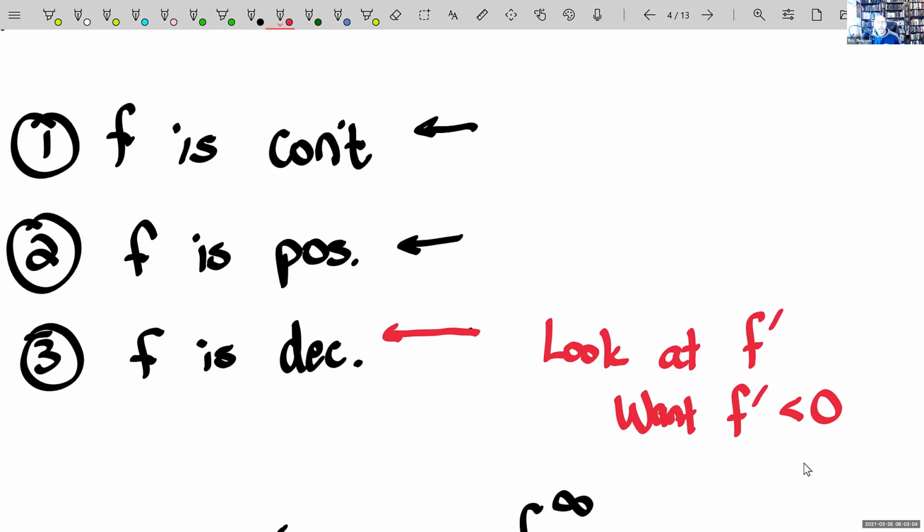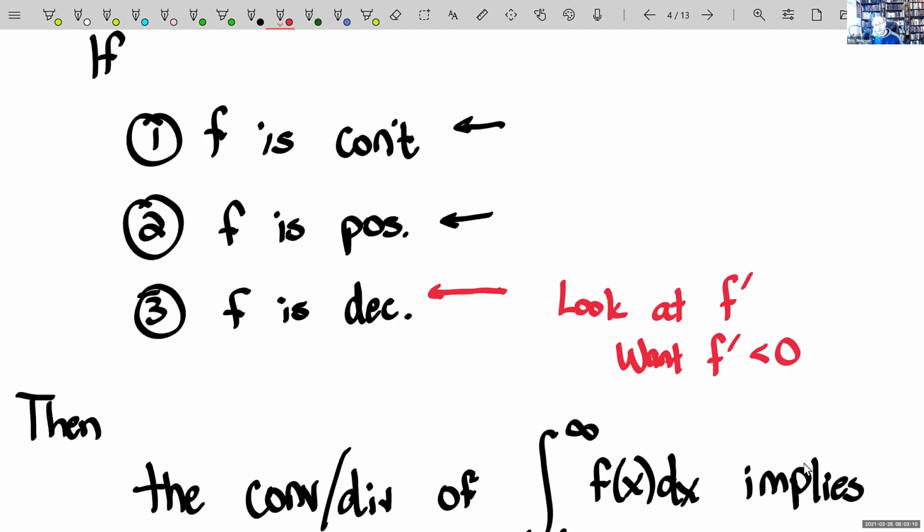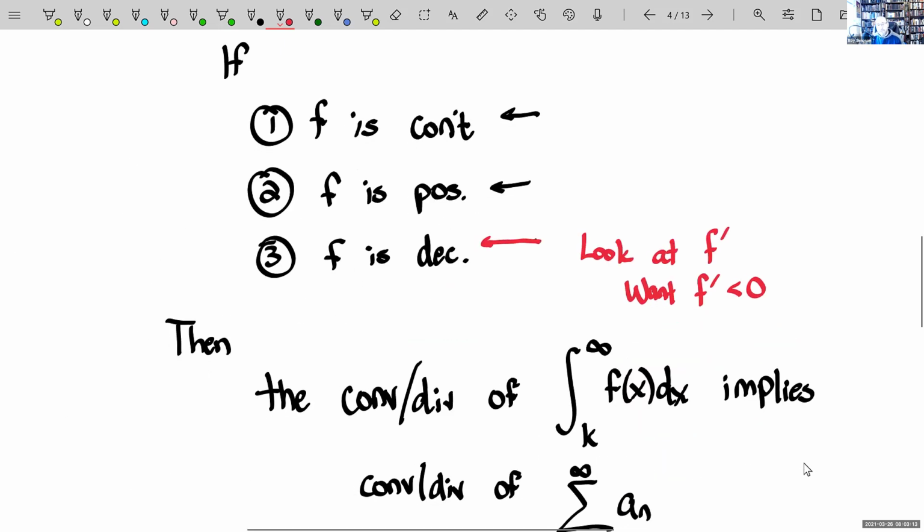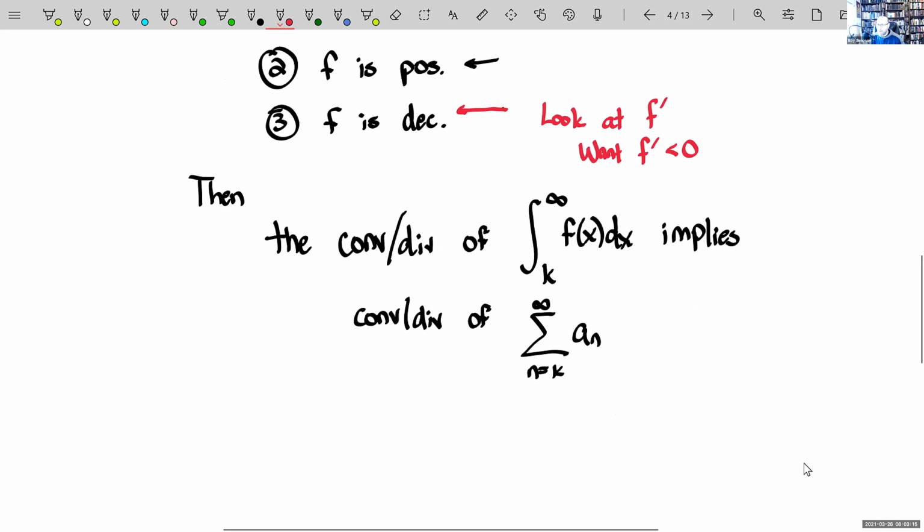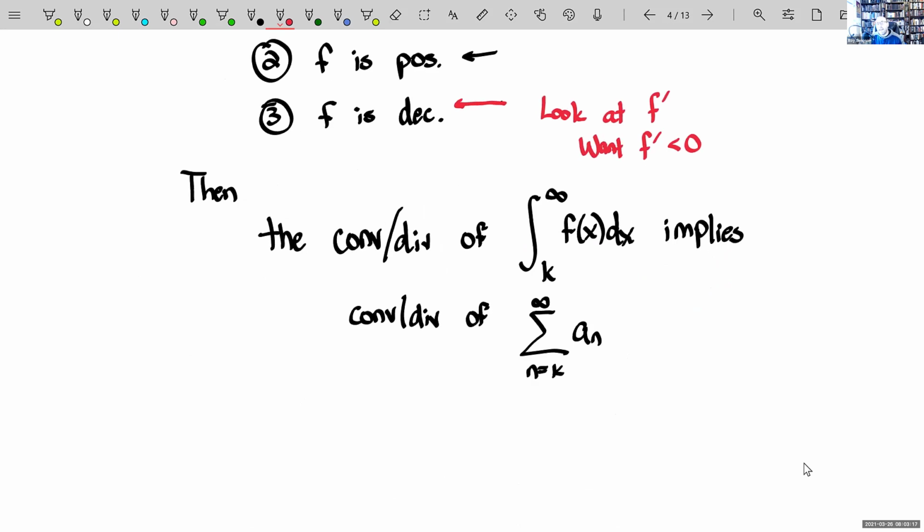Just take a derivative and show that that derivative is negative. But once you have those three conditions met, check, check, check, then integrate using the improper integral. And if you find that that integral converges, then the related series will converge. So really, really beautiful method. It's not a method I prefer, but it's a beautiful method.